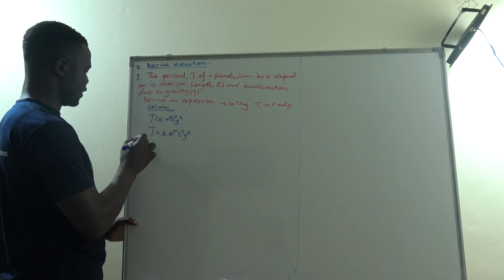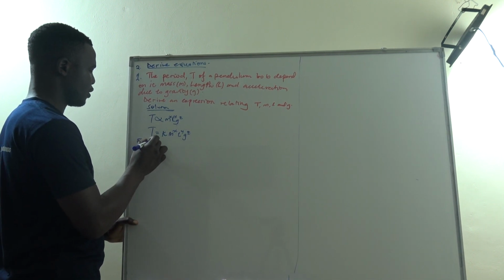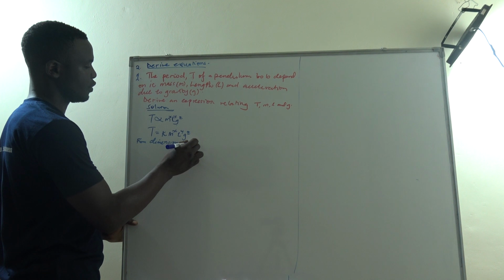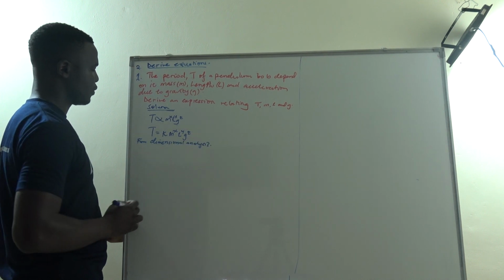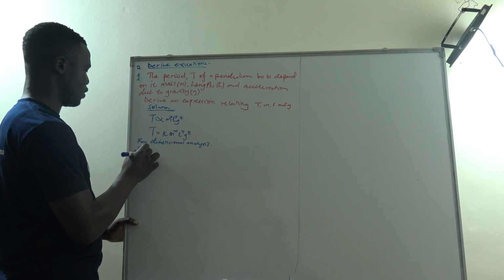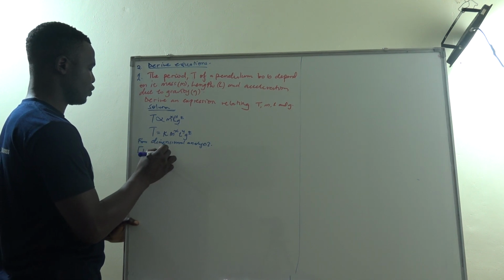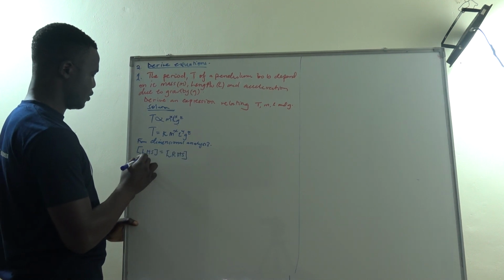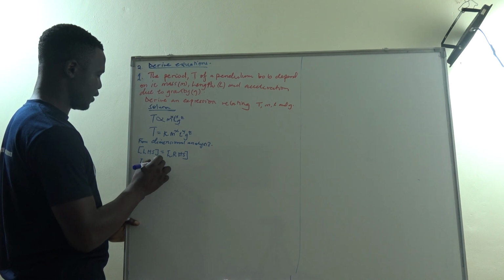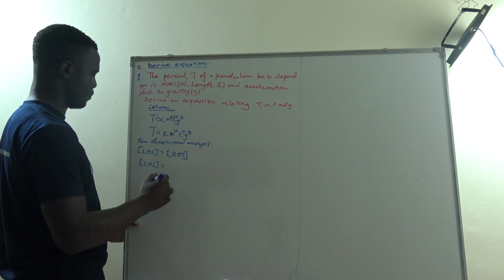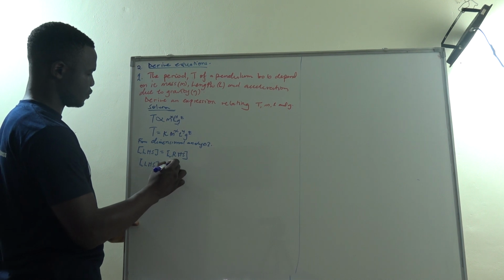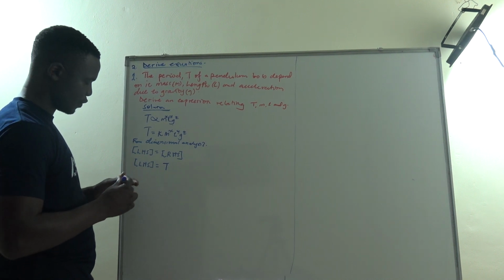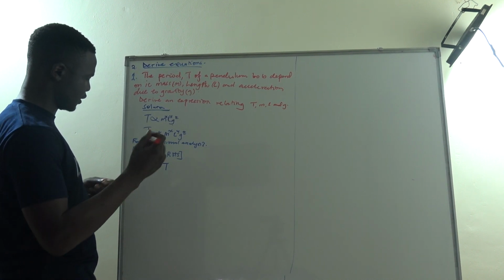Now, let's analyze these things from dimensions. Dimensions on the left-hand side should be equal to the dimensions on the right-hand side. On the left-hand side, I have period T, and the dimensions of period are capital T. Now, let me look at the dimensions on the right-hand side.